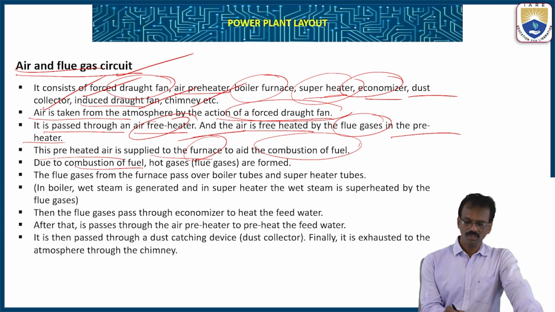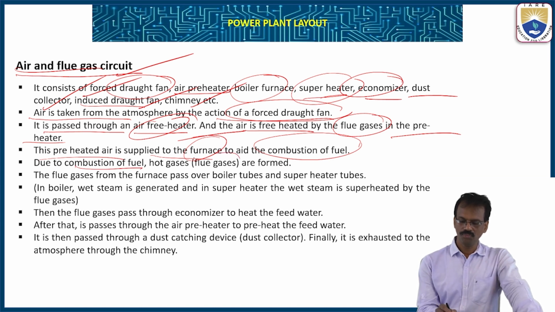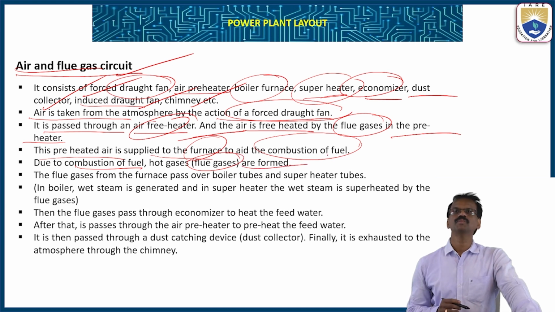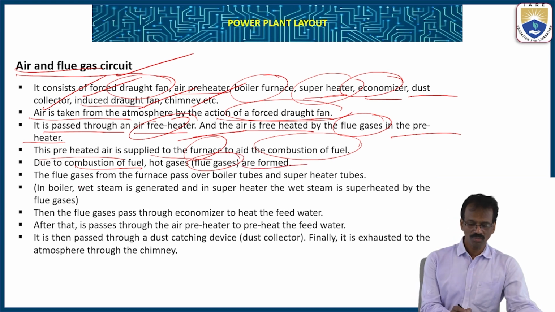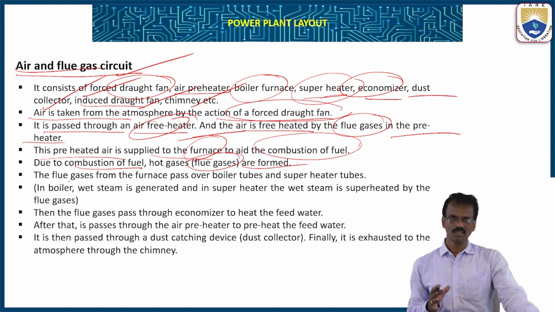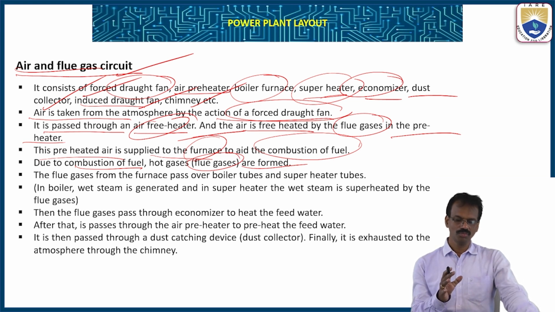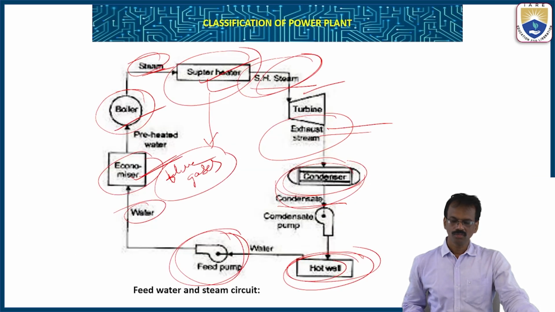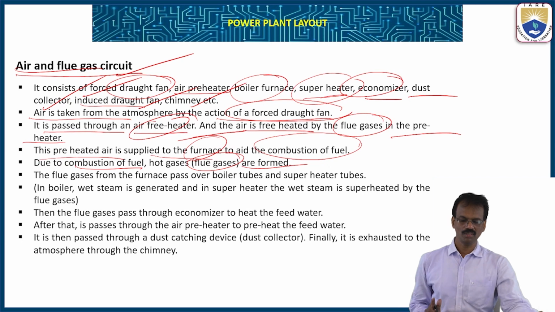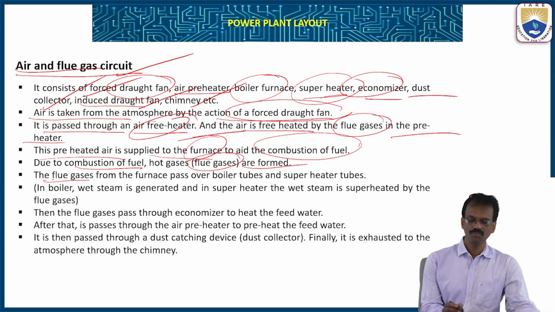Due to combustion of fuel, hot gases or flue gases are also formed. The flue gases are used to increase the temperature of water in the economizer, and to increase the temperature of the steam to the saturation position in the superheater.